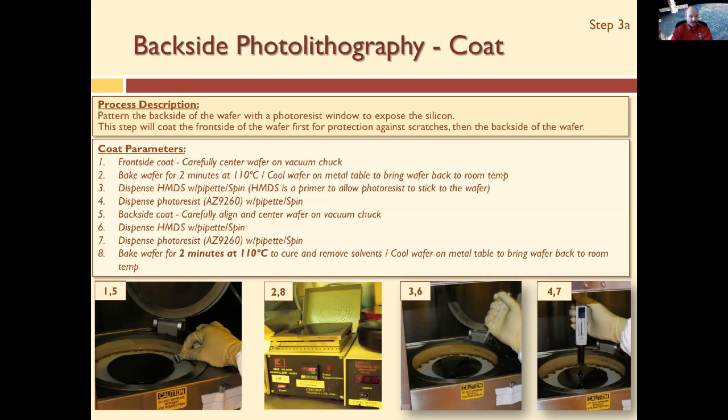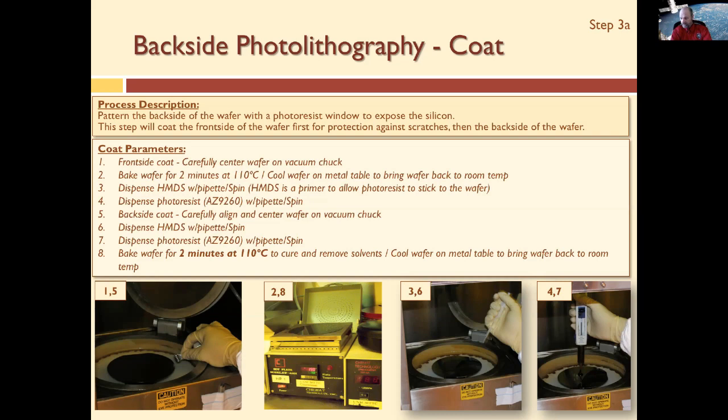Then we dispense and do the backside coat, and we again have to do HMDS so the photoresist sticks. HMDS, as you know, is hexamethyl disilazane, and it acts as a primer. And then again, we bake it. The pictures there show you the corresponding steps related to the coat parameters.